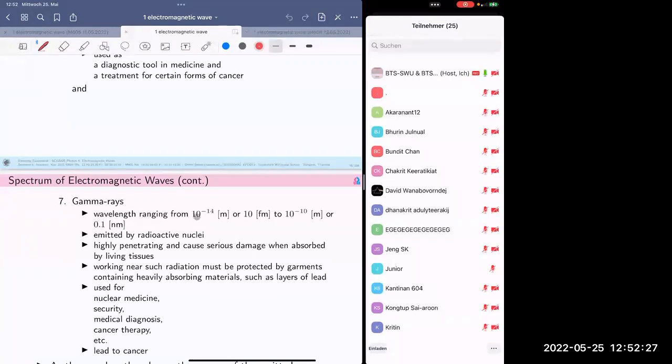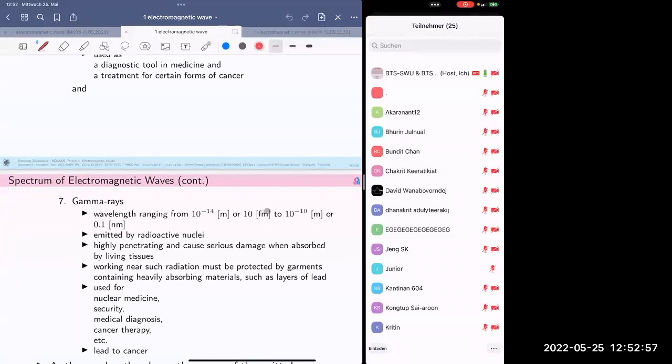The wavelength of gamma ray is from 10 to -14 to 10, or in spatial scale, this is femtometer. Maybe I have already explained it to you. It's 10 to -15, and once we have 10 of that, it's going to be 10 to -14.